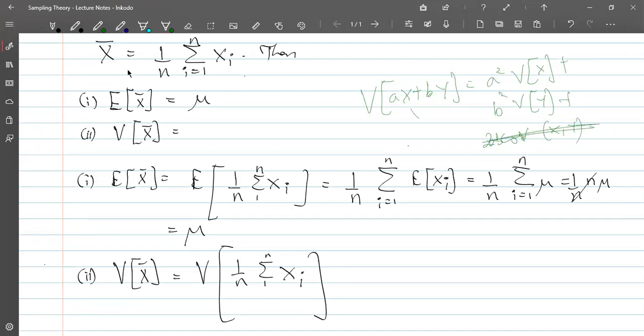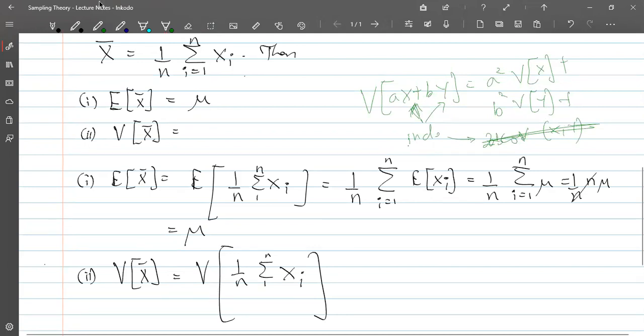However, if x and y are independent, then this term is not there, correct? If x and y are independent random variables, this term is not there. So it's just a square V of x plus b square V of y.